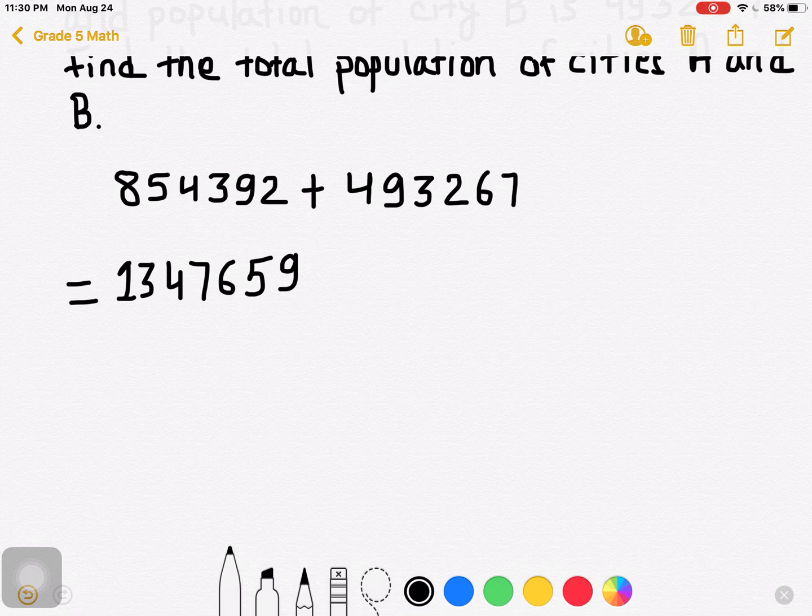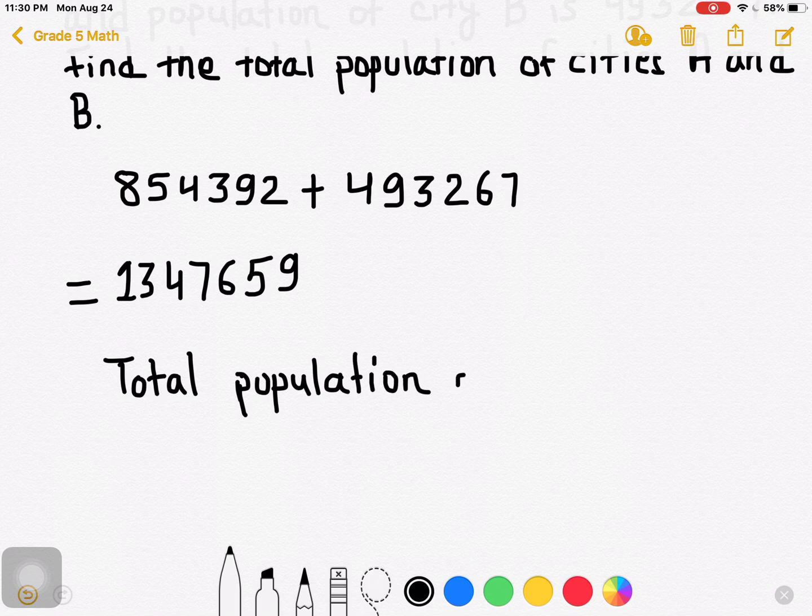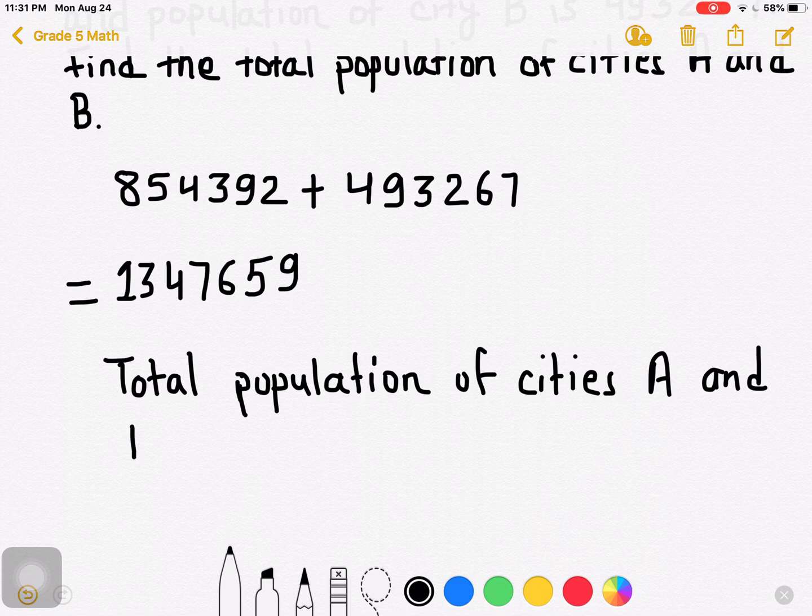Okay, total population of cities A and B is 13,47,659.